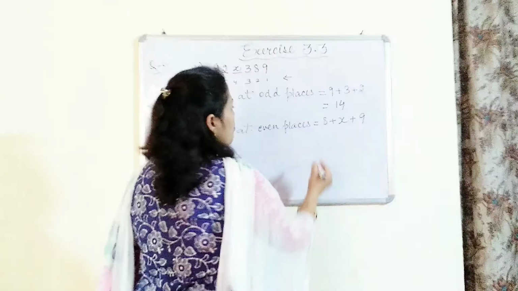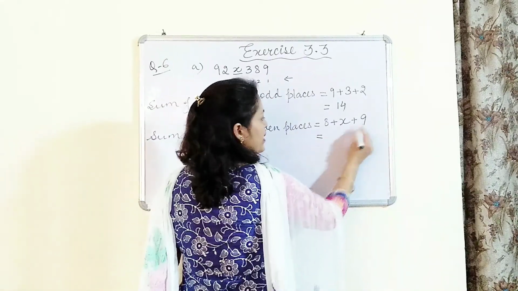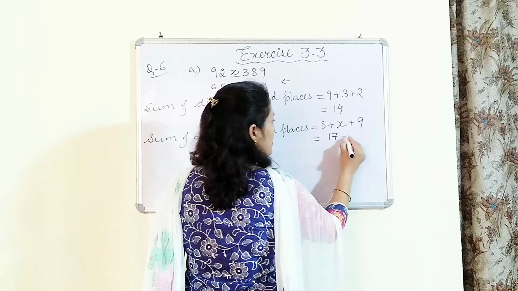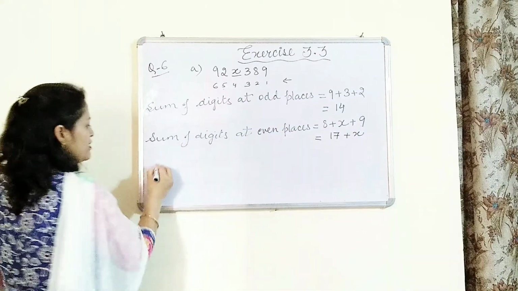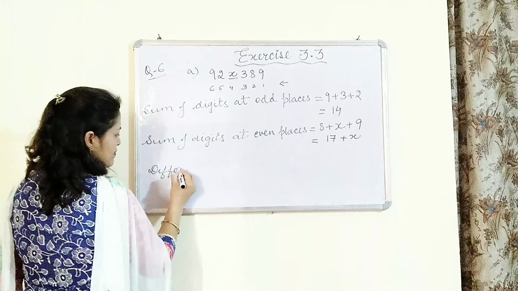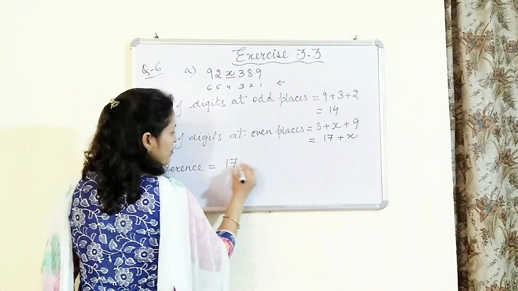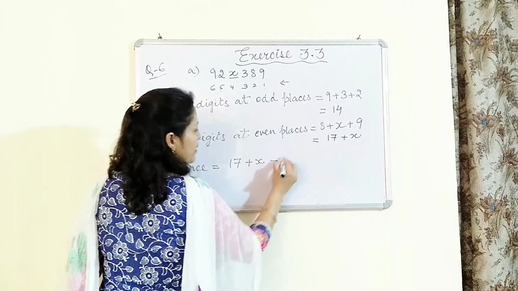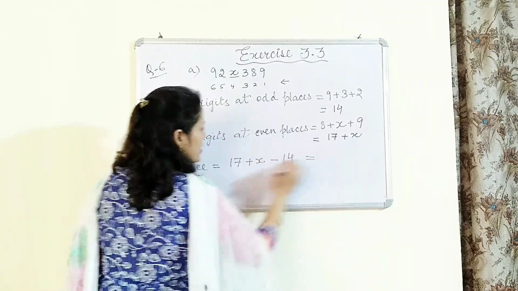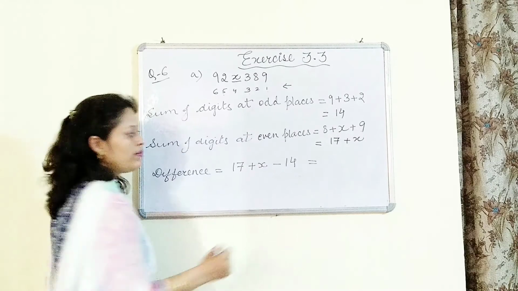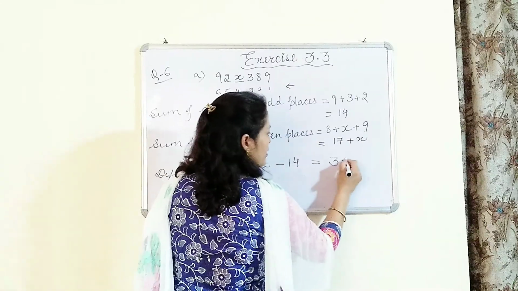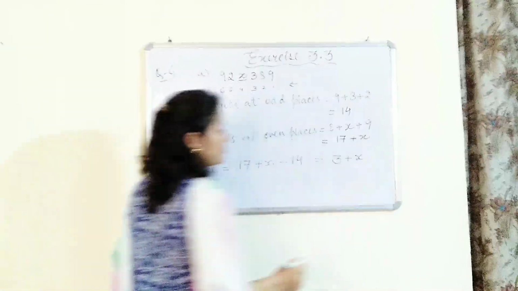Now, what is the sum? 8 plus 9, 17 plus x. Okay, children. Now, what is the difference? 17 plus x minus 14. 17 minus 14 will be 3 plus x.